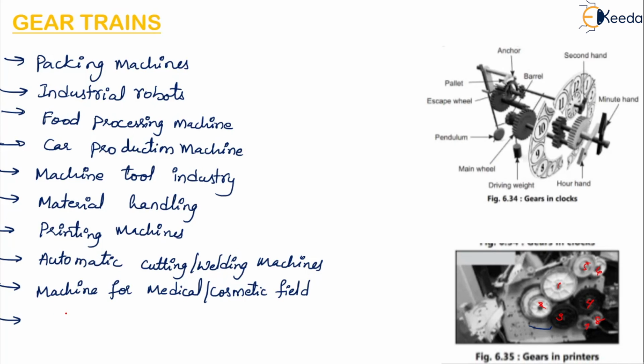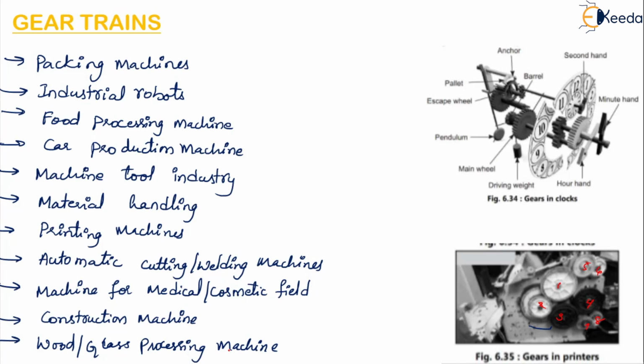Then for construction machines also, to run these machines there is requirement of gear trains. Then wood and glass processing machines, and then they are also used in agricultural machinery. So there are so many applications of these gear trains.